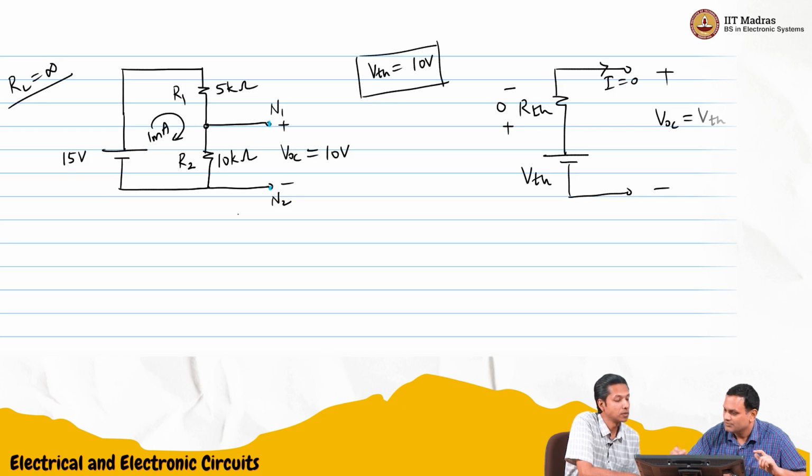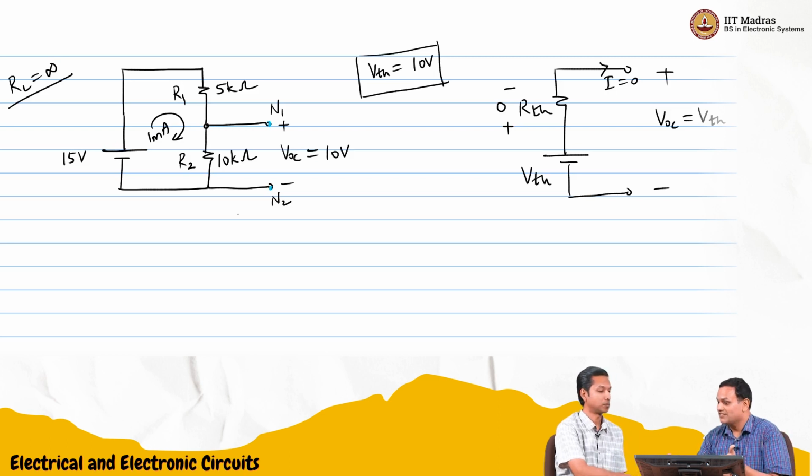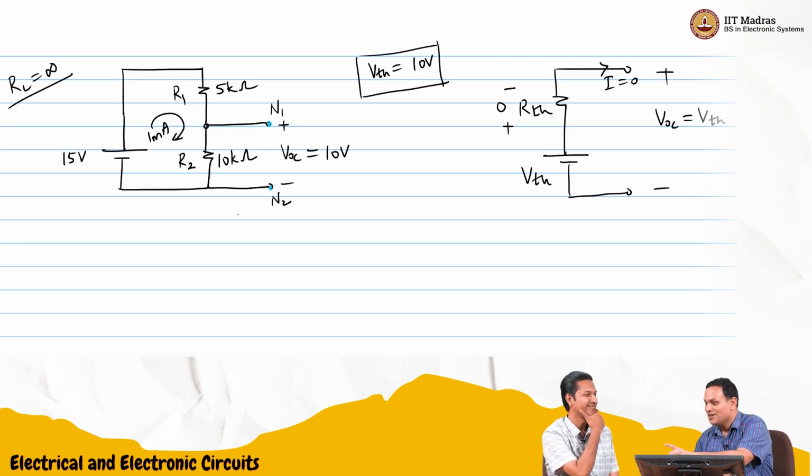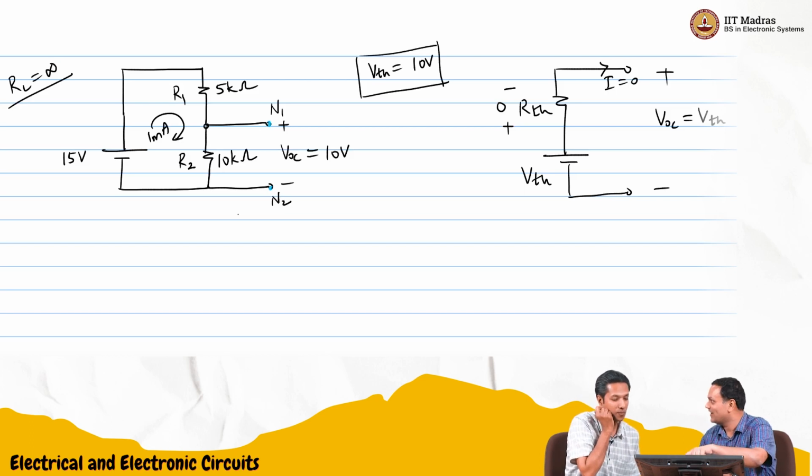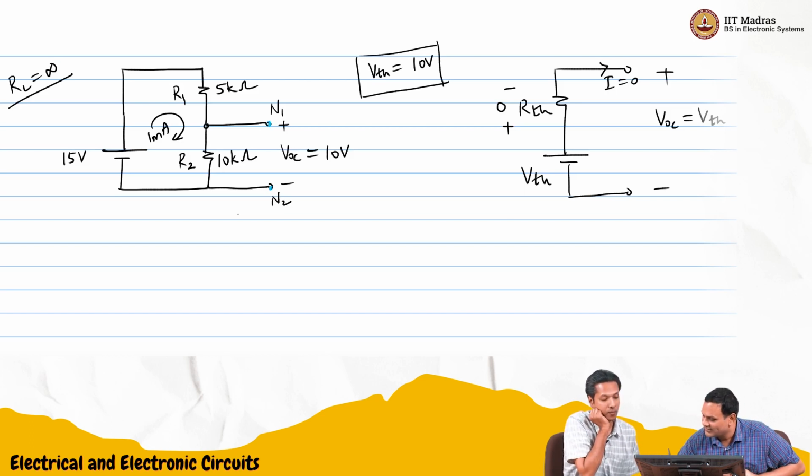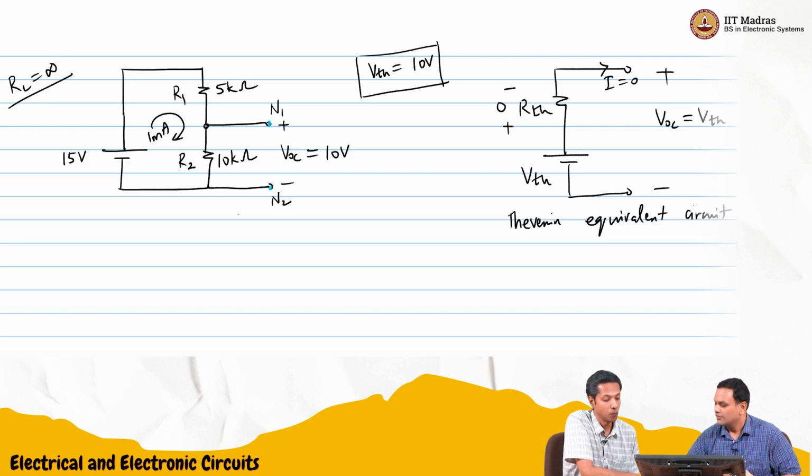So simply analyzing the open circuit voltage directly gives us the Thevenin voltage. In fact, this is true for any network, because in the Thevenin equivalent circuit, it's very easy to see the open circuit voltage is always the VTH.